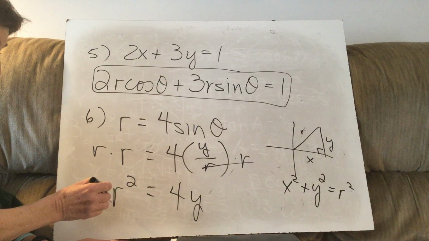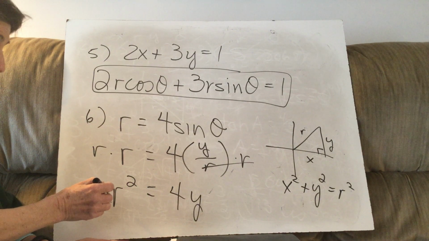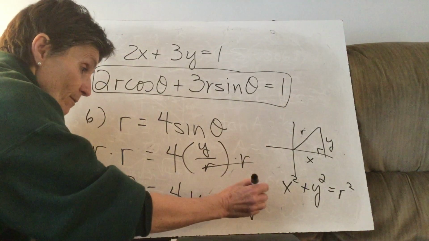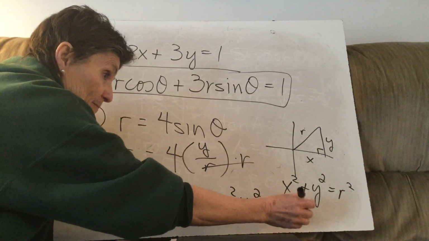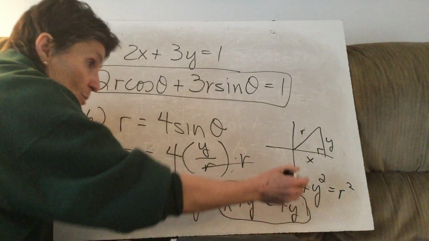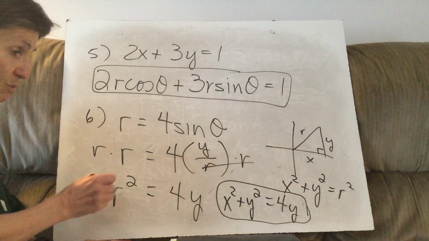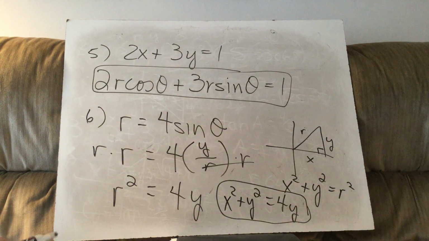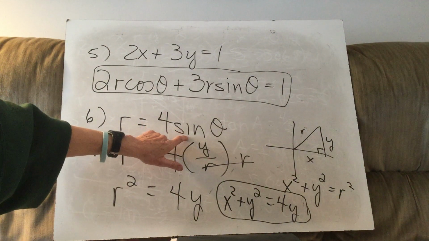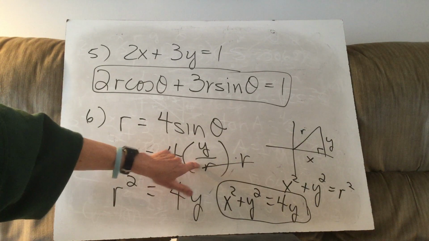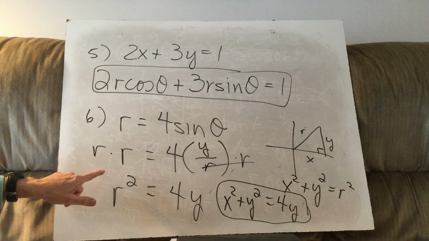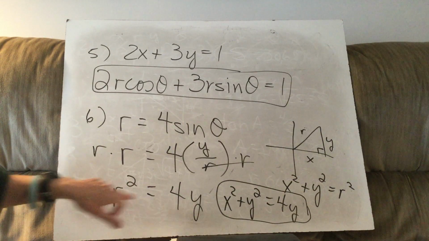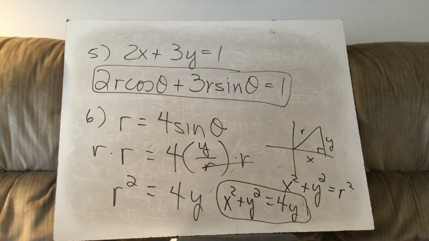So we're going to take out this r squared, and replace it with x squared plus y squared equals 4y. We're just substituting in x squared plus y squared, and that is the answer to the question. So you replace your function with its definition, get rid of the fraction, and then do whatever you need to do. In this case, replace r squared with x squared plus y squared.